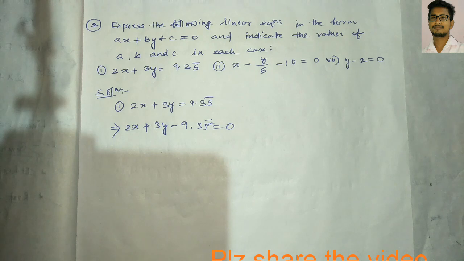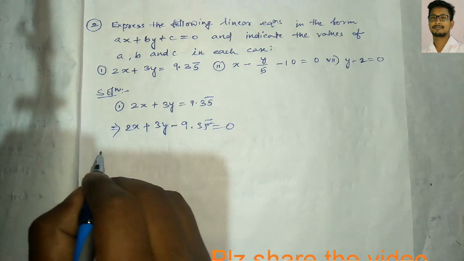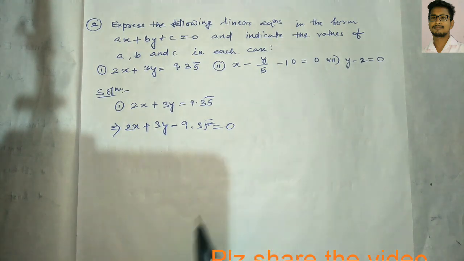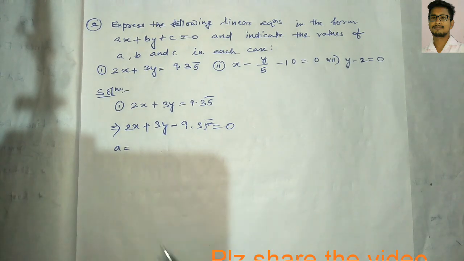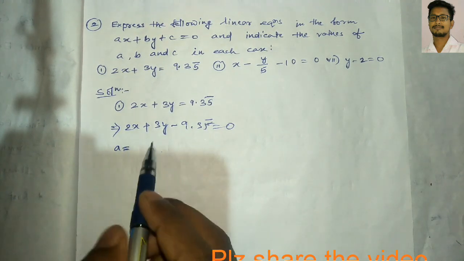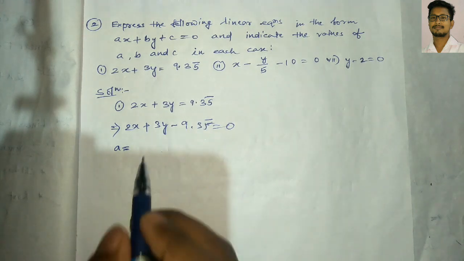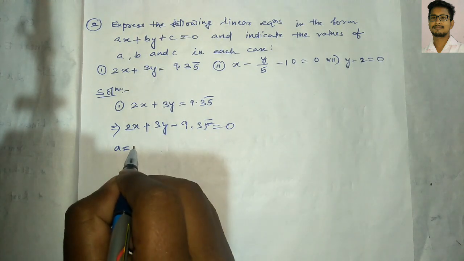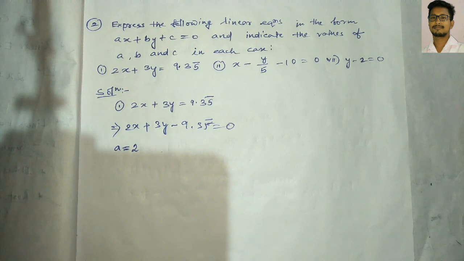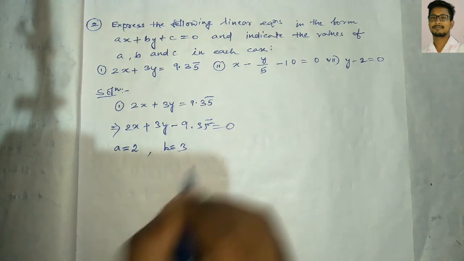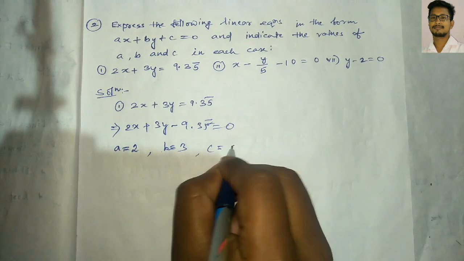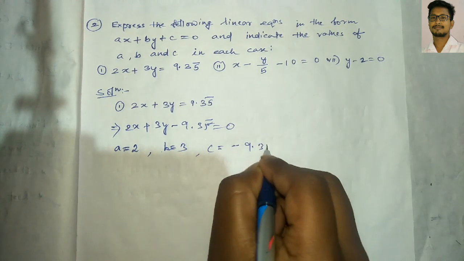When we compare it with ax plus by plus c equals 0, we get the values of a, b and c. Here a is 2, b is 3, and c is minus 9.35 bar.